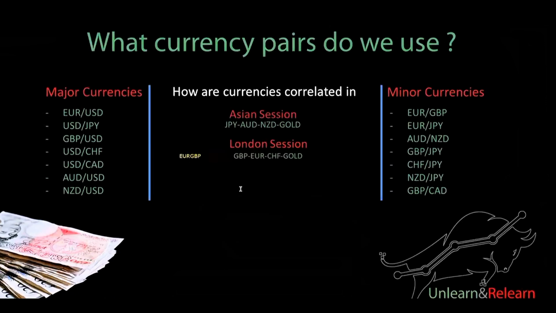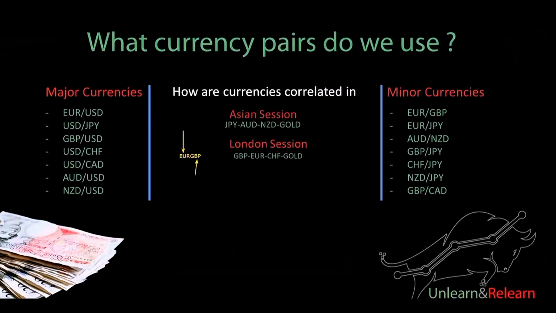When Steven is going to try to trade Euro GBP, he will have to make sure that for him to have a profitable trade, he would want one currency to be really weak and one to be really, really strong. That's the only way you're going to know that the pair is going to move. But if both currencies are strong, then there's a very high chance there's going to be some sort of consolidation. Then it's going to get really hard to trade.